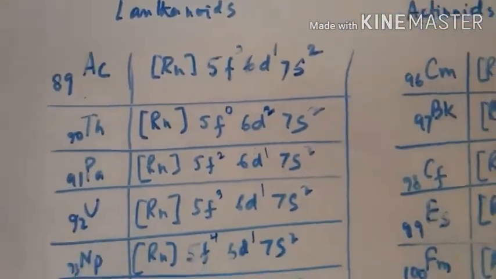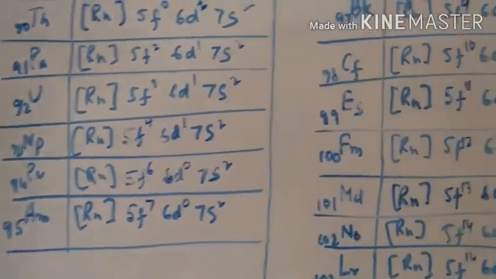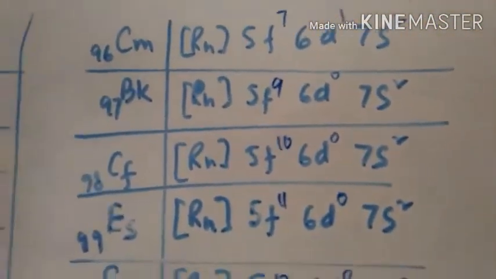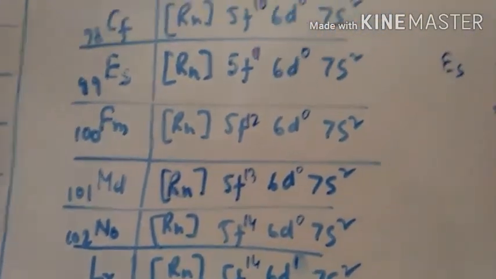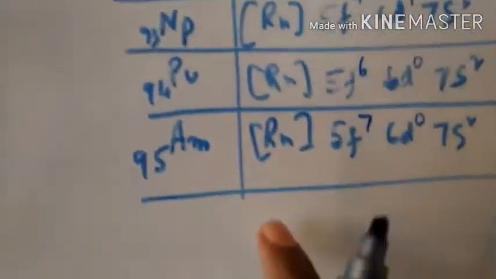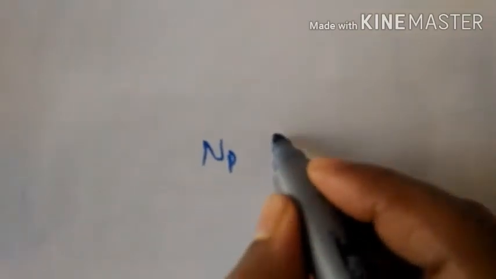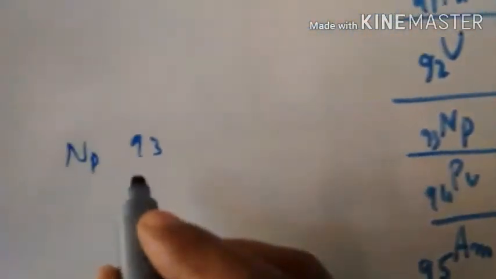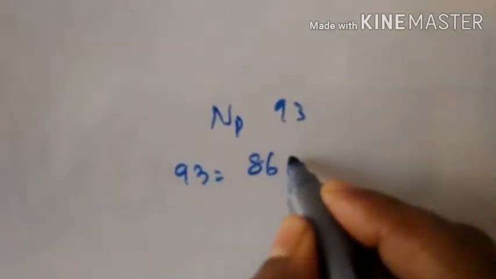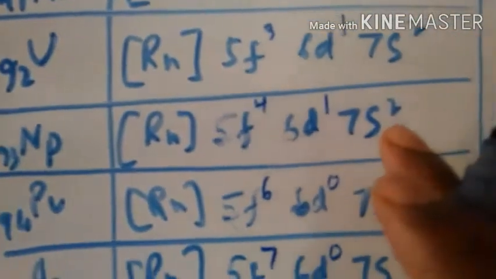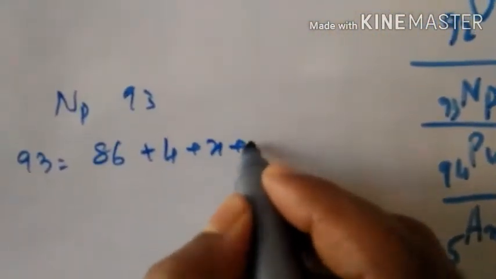Now I have already filled up all the d electrons for you. You can see starting from actinium to lawrencium, all the d electrons are completed. Let's say for neptunium, it has 93 electrons, and it has 86 electrons for radon, plus 4 electrons in f, and X plus 2 electrons in the s.